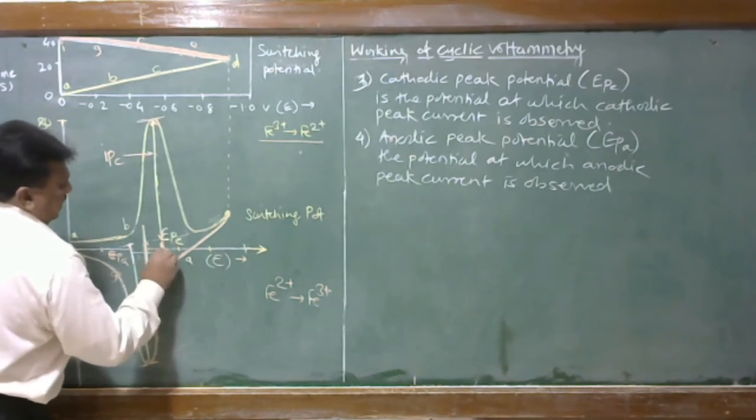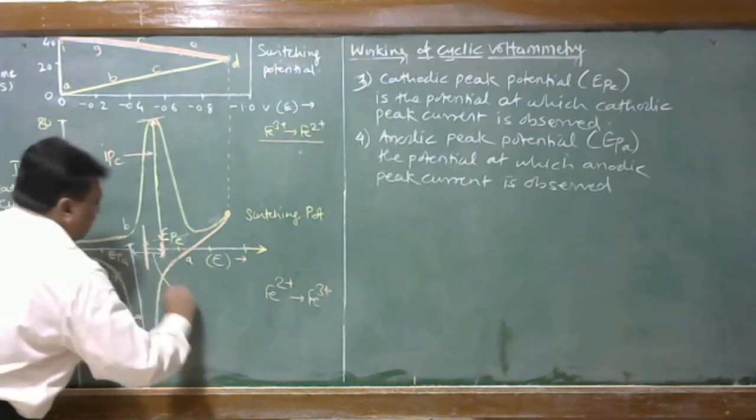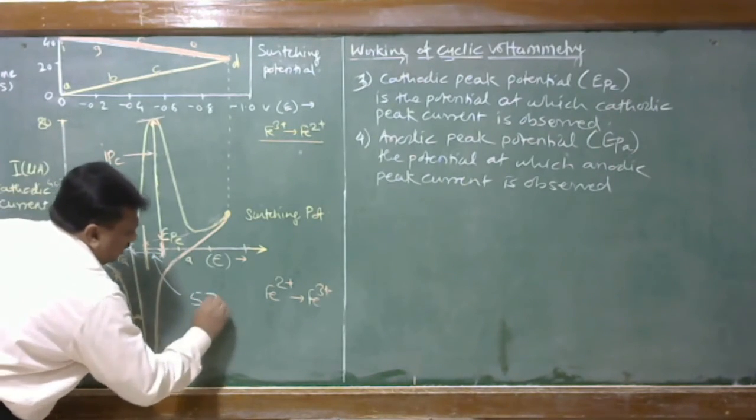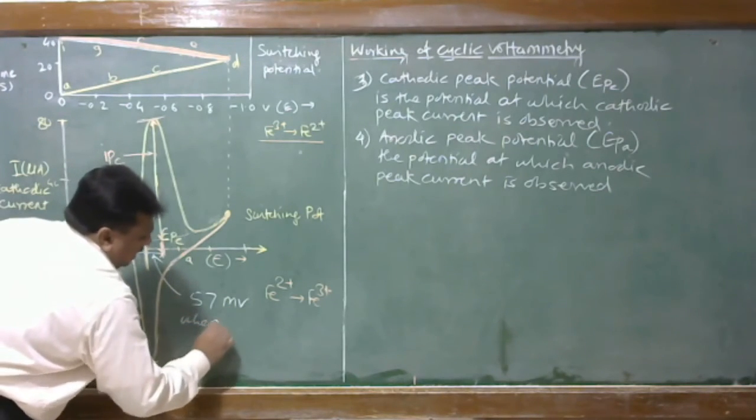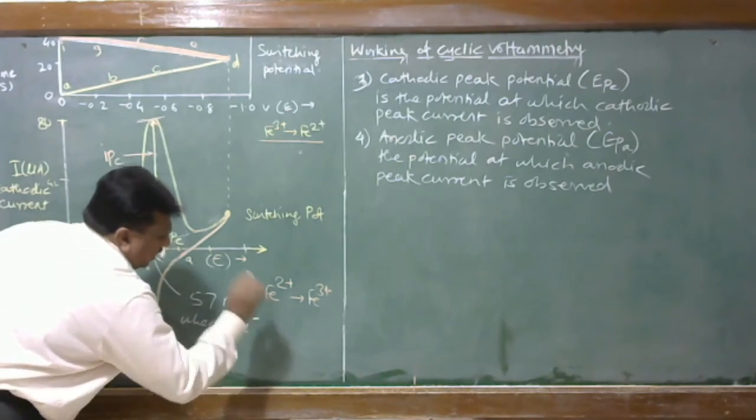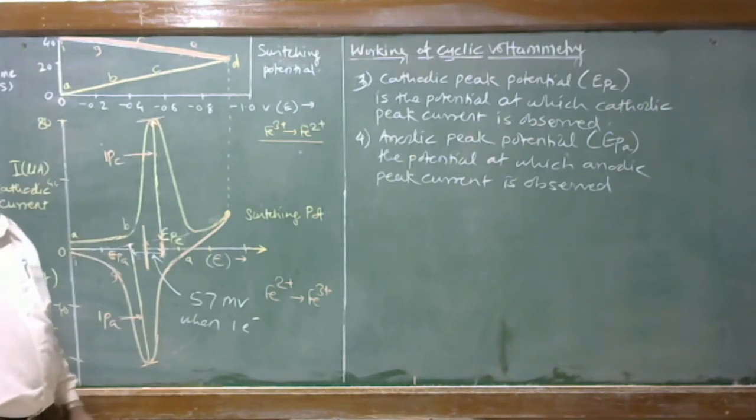EPC and EPA are separated by about 57 millivolt when a 1 electron redox reaction is taking place.